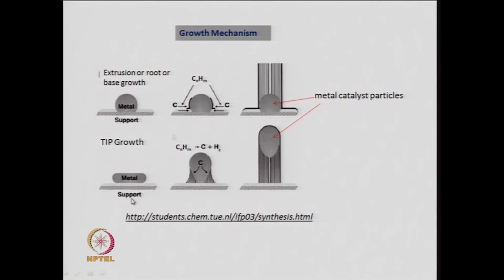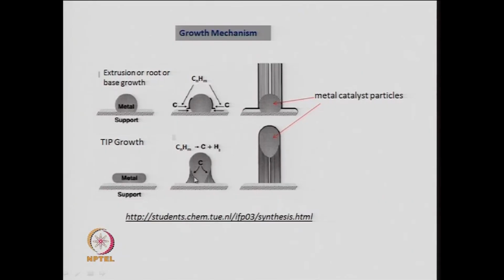You have the metal and the support, and when the hydrocarbon decomposes to give carbon and hydrogen, and the carbon is dissolved in the metal particle, then when it reprecipitates, it precipitates at the bottom, at the tip of this, and not on top of this like it was doing here.